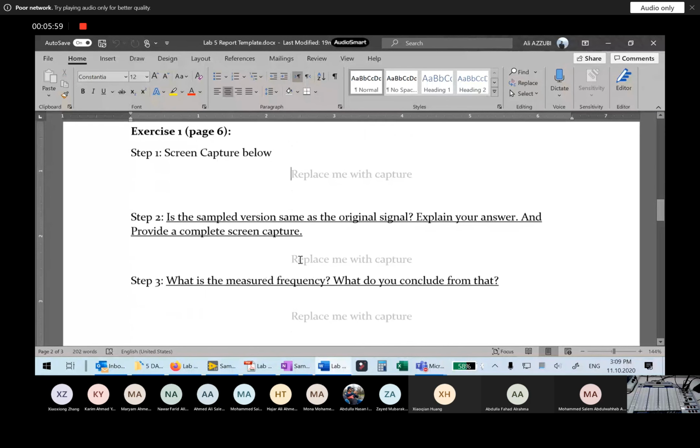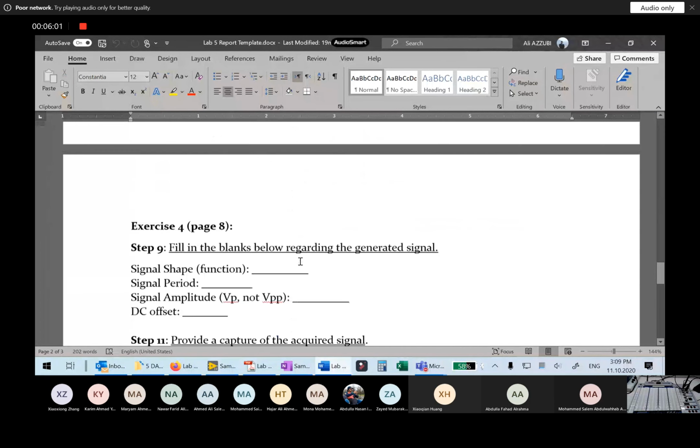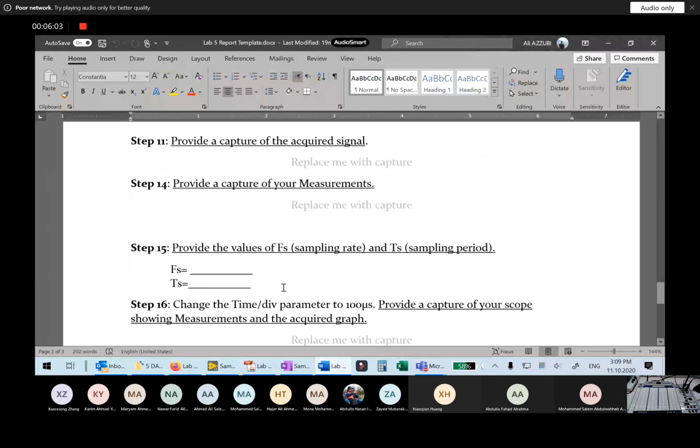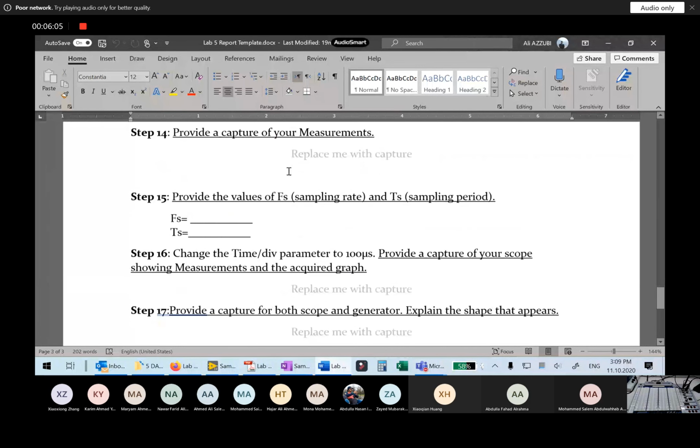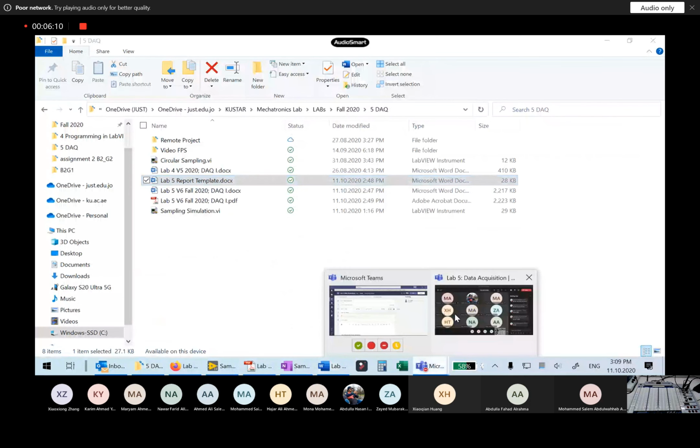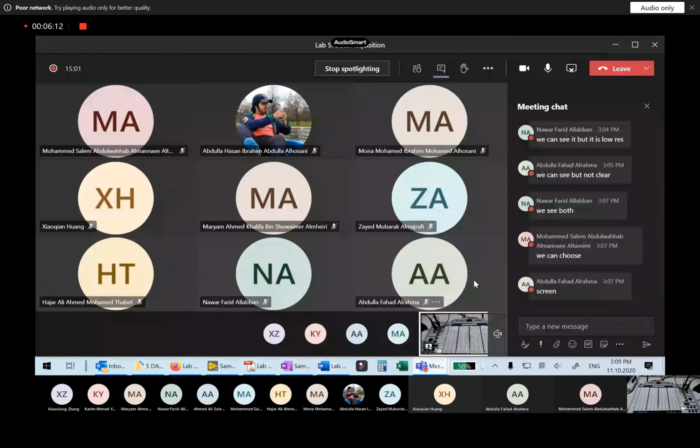You will fill this template with captures and some answers, and at the end you will submit just this report template. So you understand what you need to submit at the end? The template with captures and answers.